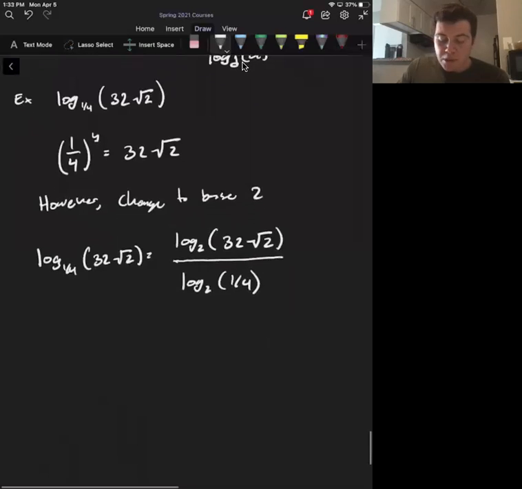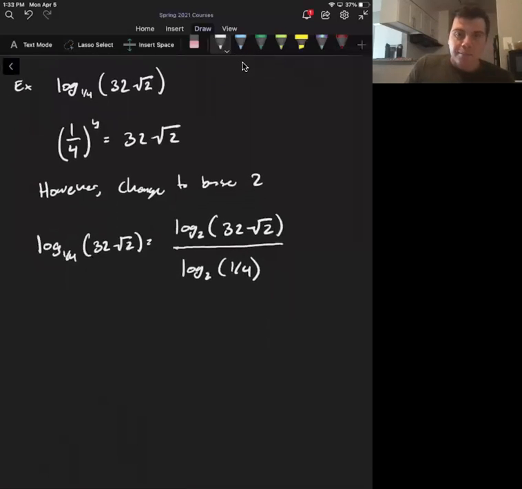Now, this is pretty good progress. We're actually going to apply our product rule as well. Take a second to think about where I might be applying this product rule. Okay, so hopefully you identified that we'd be doing the product rule on the top. That kind of makes sense. We have a 32 times a root 2. And on the bottom, we're not multiplying anything together.